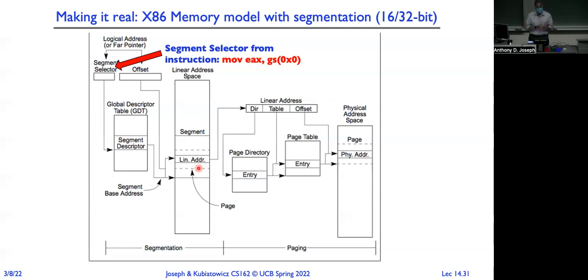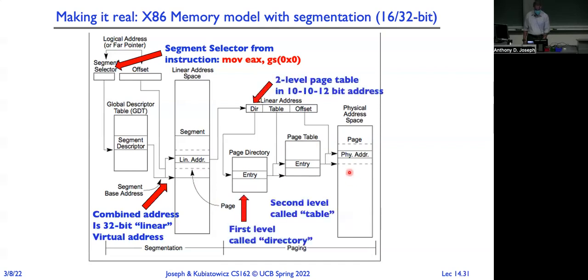That linear address is what we look up in our multi-level page table. We divide that linear address into a directory, a table, and an offset, and walk through those tables in order to get the physical address that we want.